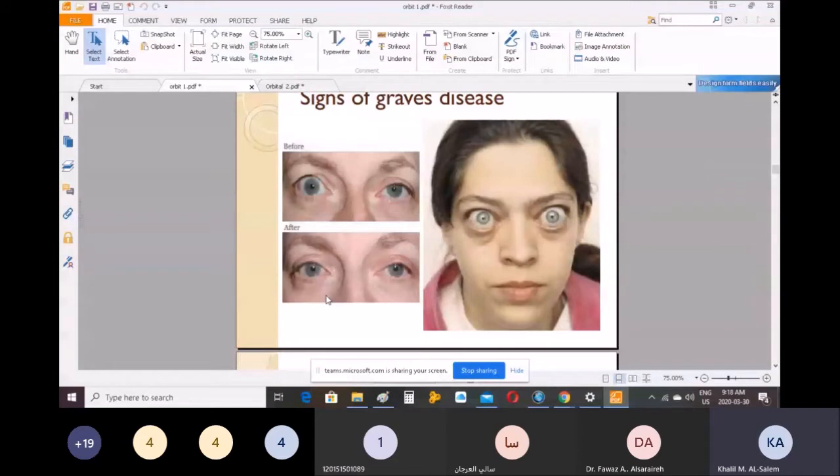But because the eye is found in a compact box, like a compartment, the periorbita, which encases the inner part of the orbit, is really tight. It doesn't expand. So in order to relieve the pressure, the eye is forced outwards.